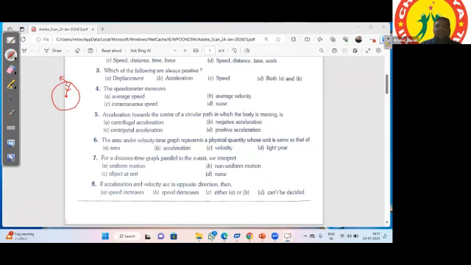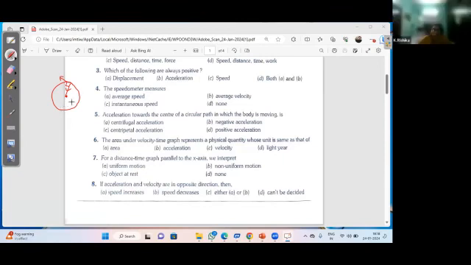So what is the angle between force and displacement in a circular motion?